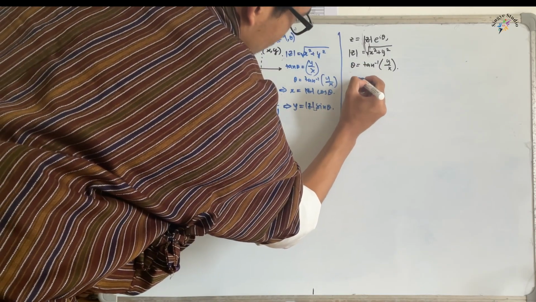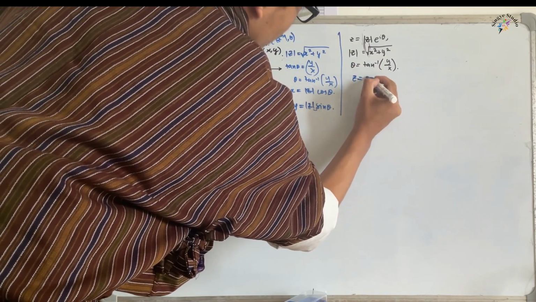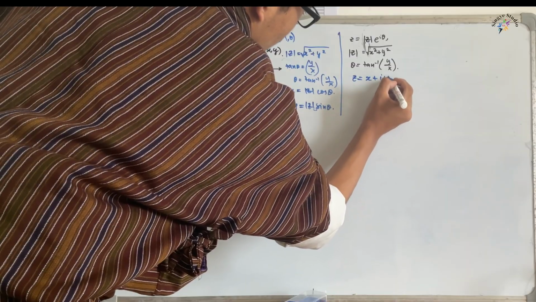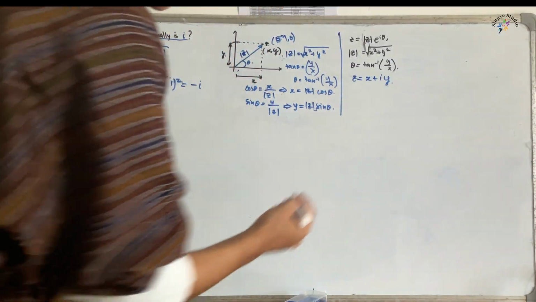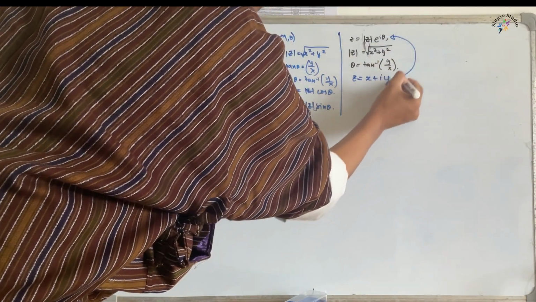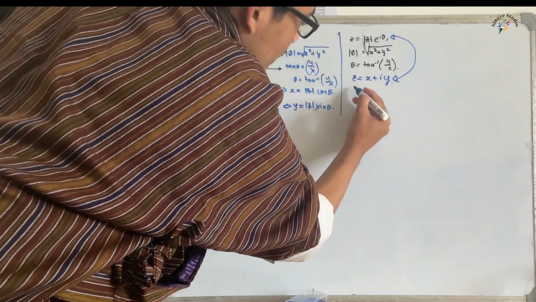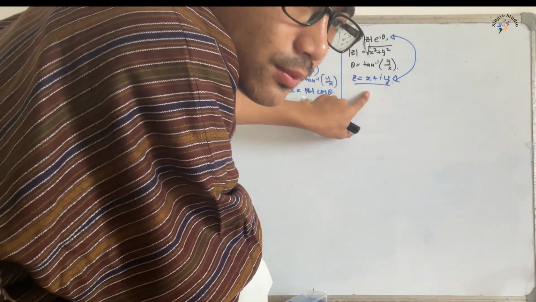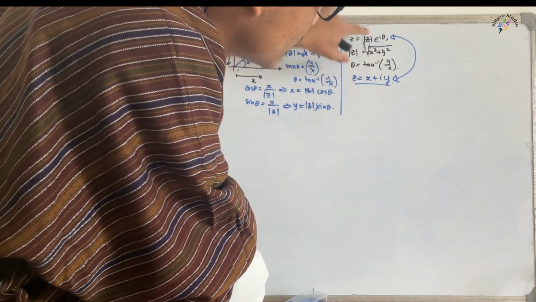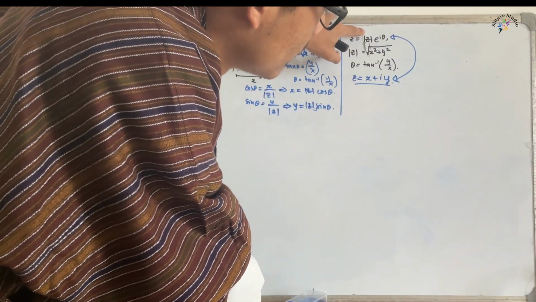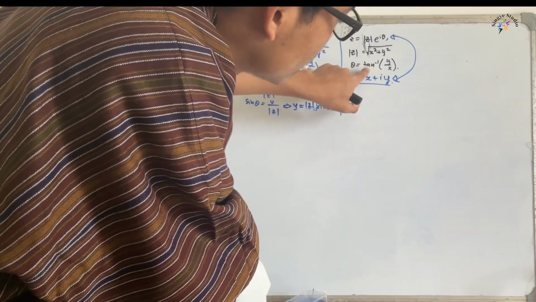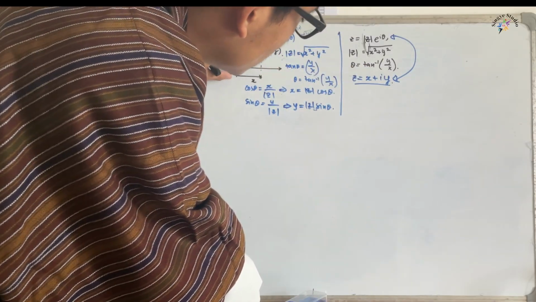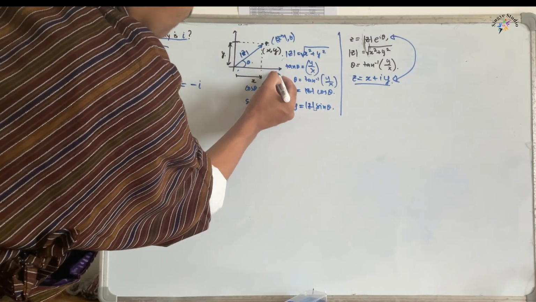Now I can also write z equals x plus iy. If you see this carefully, writing this is equivalently as good as writing the other, because all the information about x squared and y squared is contained in the modulus of z, and the angle contains the angle subtended from the origin.